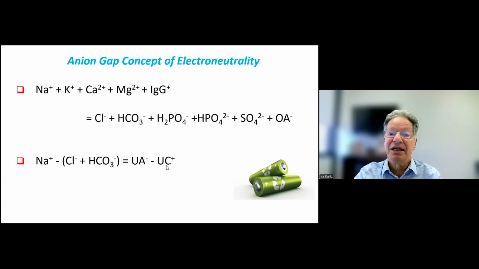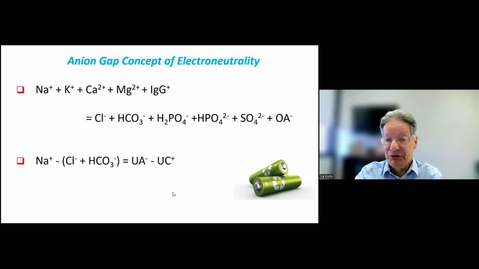And actually what's happening is you have IgG chloride, right? You can't just have IgG. You have to have an anion with it. So on this side, the IgG goes up, and on this side, the chloride goes up. But if you do the math on these sides, you're going to end up with a decreased difference on both sides. This side, it's because the chloride goes up. This side, it's because the IgG is positive and goes up.